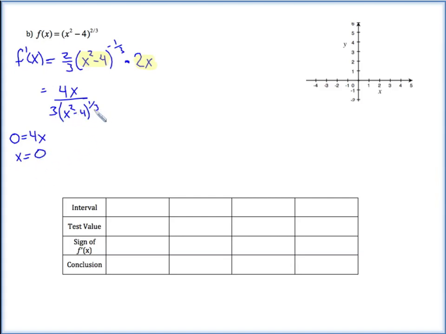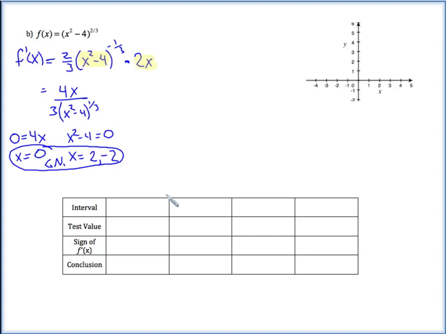And then the derivative is not going to exist when the denominator equals 0, and that's going to happen where x squared minus 4 equals 0. And so here you can see x is going to equal 2 or negative 2. So in this case, these are the critical numbers.